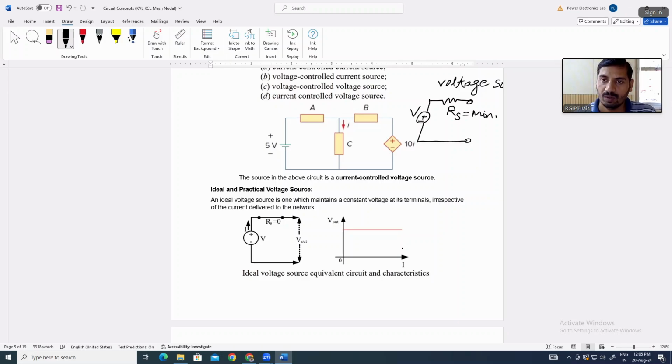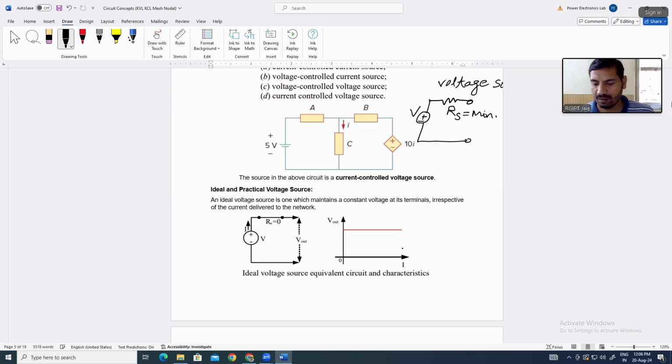So to reduce the voltage drop across this resistor, we have to take a minimum value of series resistance. That is the basic principle of series resistance connected to the voltage source.